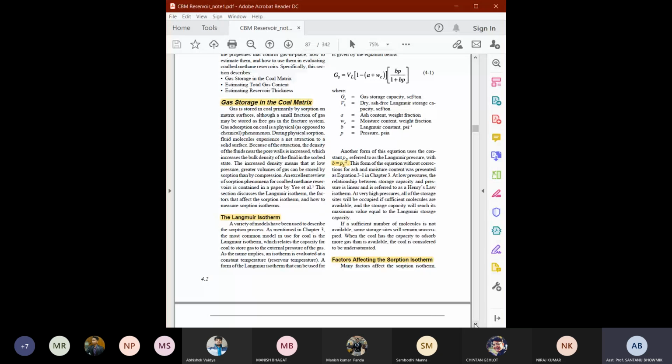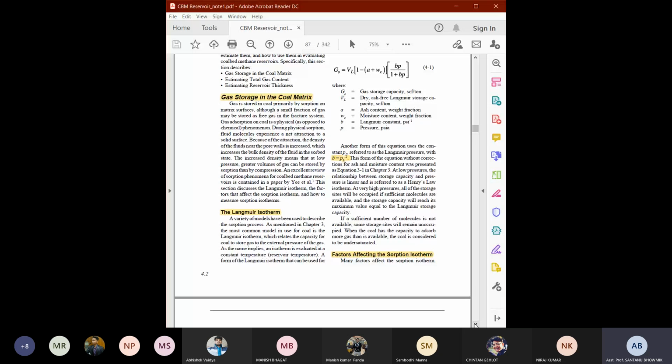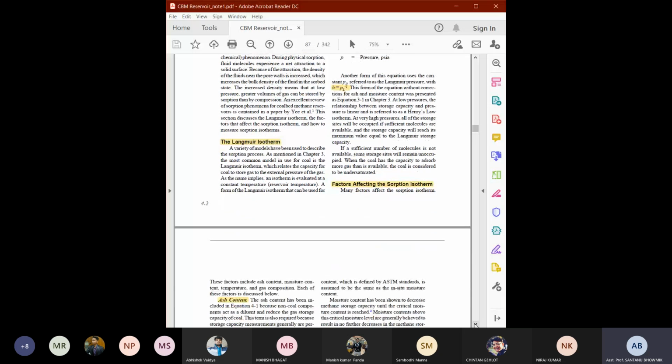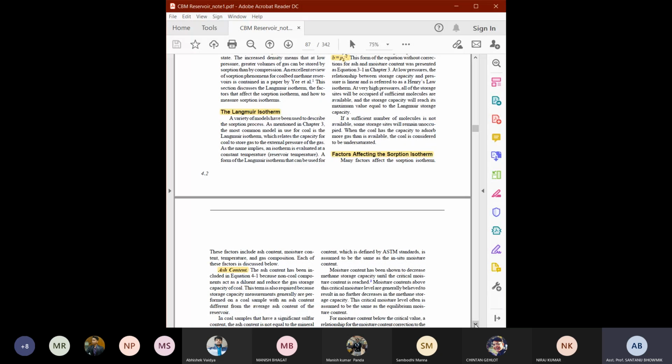Okay, because when you are doing the experimental part, or when you are going to do the desorption kinetic testing in the field, in that case also there are several factors that are going to be important for showing the gas absorption capacity with the pressure. Okay, so let us now see what are the various factors that are going to affect the absorption isotherm.